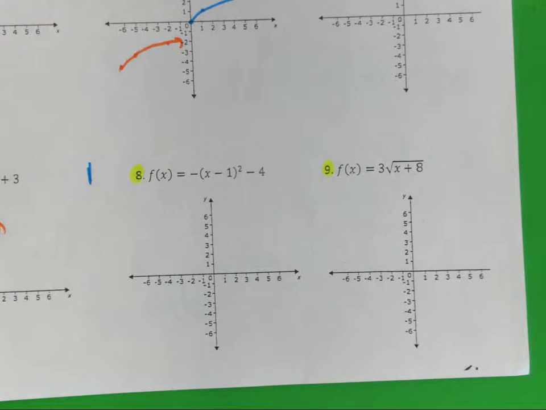All right. Why don't you right now go on and graph the parent function for both 8 and 9? Go and just graph the parent. That's all I want you to do. Graph the parent.